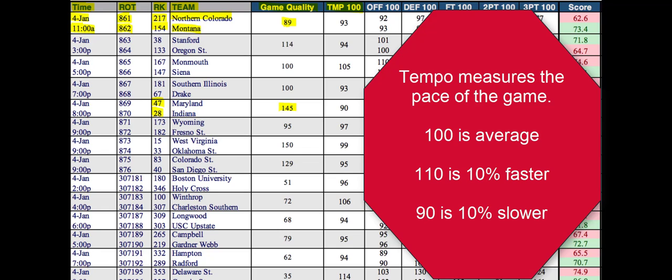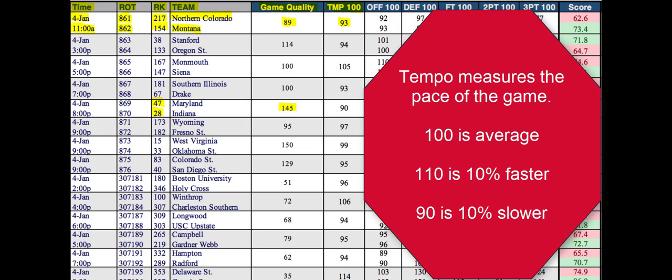What it does, again, everything is rated on a 100-point scale. So in this case, if we look at Northern Colorado and Montana, they're at a 93, meaning that they're 7% below average tempo. So you would expect them to be 7% slower than an average tempo of an average game.